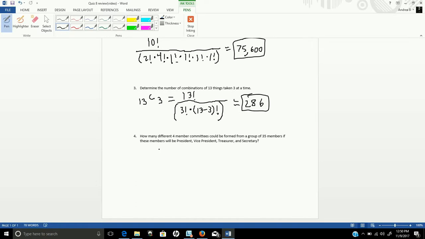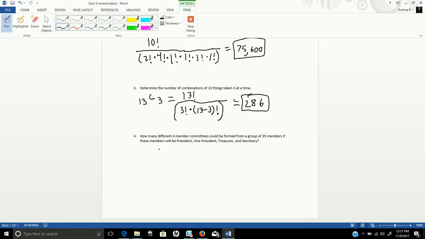So here, since they are different positions here that they're being selected for the committee, we would have a permutation because we've got some sort of ranking or ordering going on. So whenever there's some sort of order, then you're dealing with a permutation. If there's no type of order or ranking or anything like that, then it would be a combination instead.